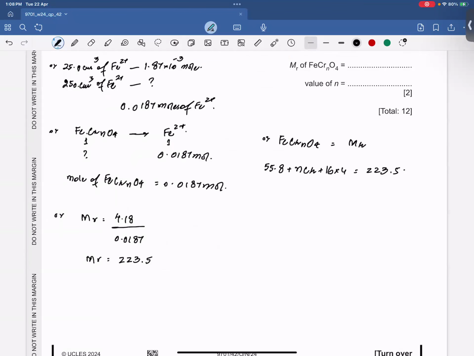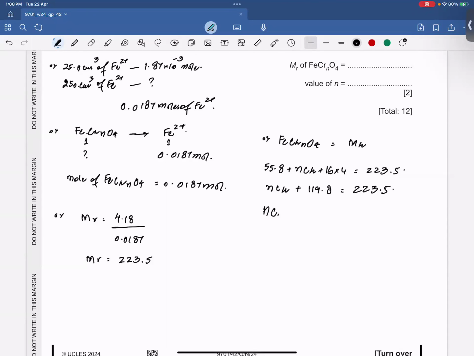So 16 times 4 is 64, plus 55.8 is 119.8.